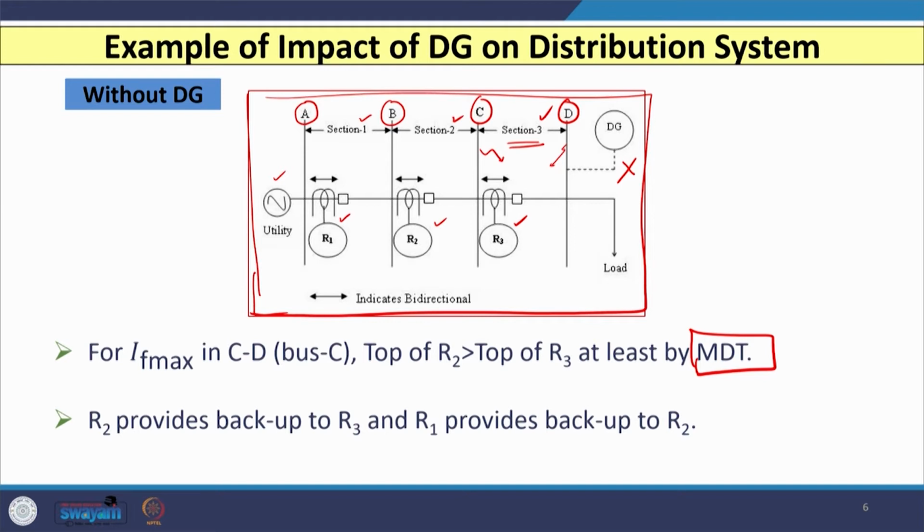The meaning is that if a fault occurs in this section, let us say at F3, then relay R3 must operate as the primary relay. So, R3 has to operate first.